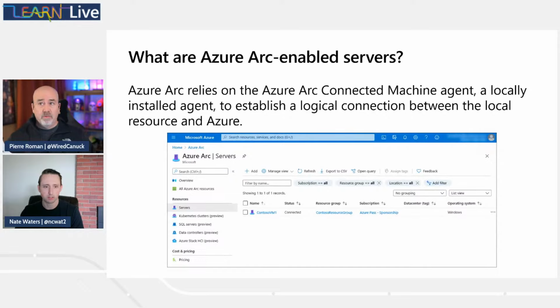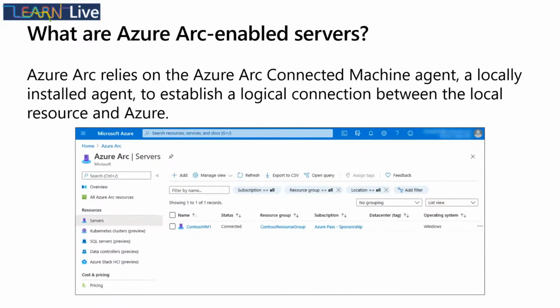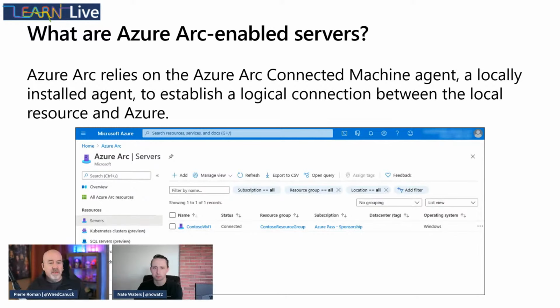Now, if we look at what an Arc-enabled server actually looks like, or what it does, or how it happens, it relies on the Arc connected machine agent. I mentioned that at the beginning, though. It's almost like the Lord of the Rings: the one agent to rule them all. Once the Azure Arc connected machine agent is installed locally, it establishes that logical connection.